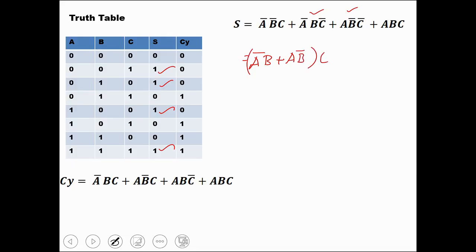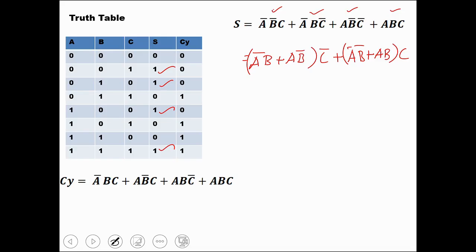into C bar plus, if you group this, we will get, in both the equations, C is common. So A bar B bar plus AB into C. So we know that A bar B plus AB bar is the Boolean expression or Boolean equation for XOR gate.